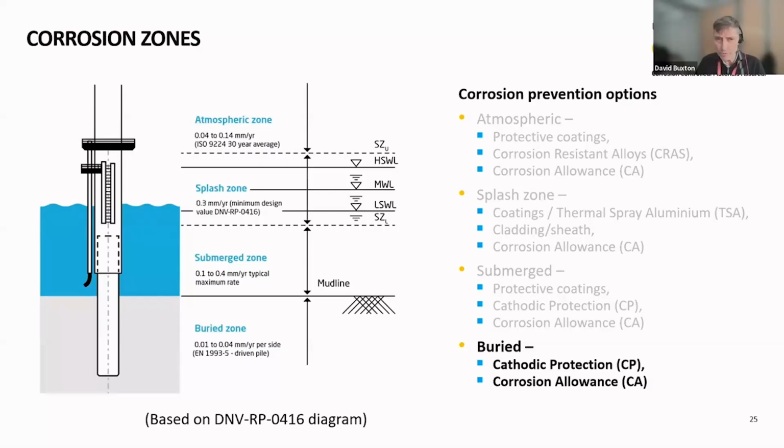Maybe just one cautionary note: there is a risk of MIC in the top layer, maybe the top meter of the buried zone. But generally, that will be receiving some cathodic protection, and there are options for coating that small area that's at the interface between the seabed and the seawater. Next slide.